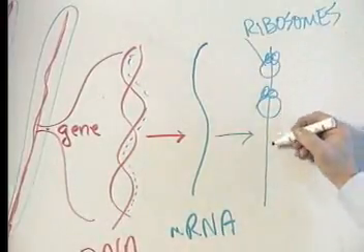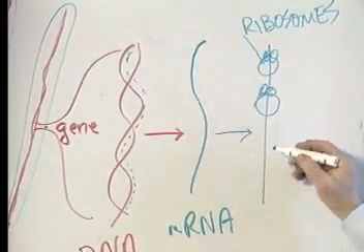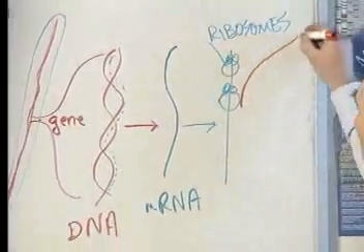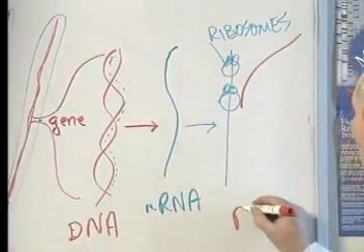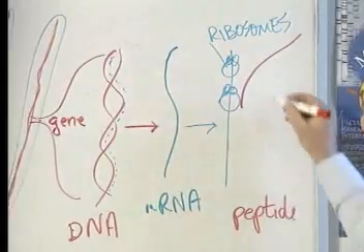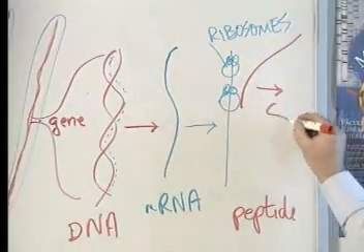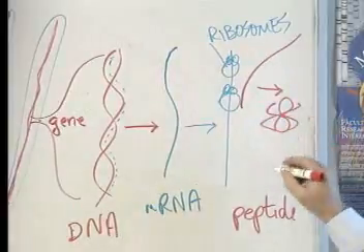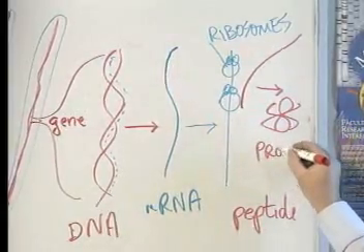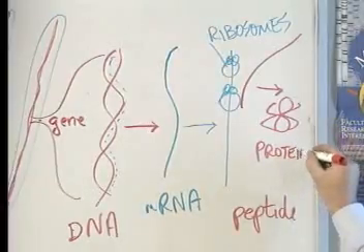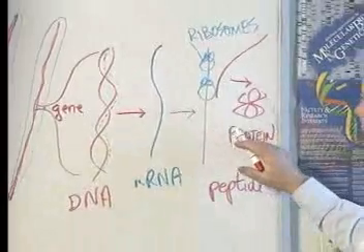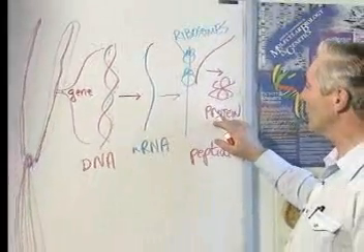And directions of this messenger RNA molecule are actually read in such a way that we end up with a peptide. And a peptide, when it becomes mature, will get some secondary and tertiary structure so that it ends up as a molecule that in gross terms we call a protein. So in fact, we have a single gene that ends up with a single enzyme or a single protein.